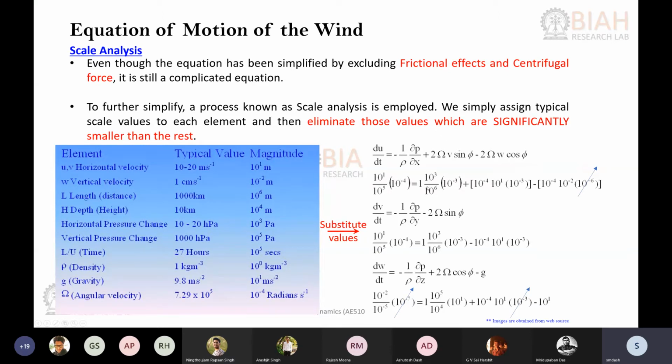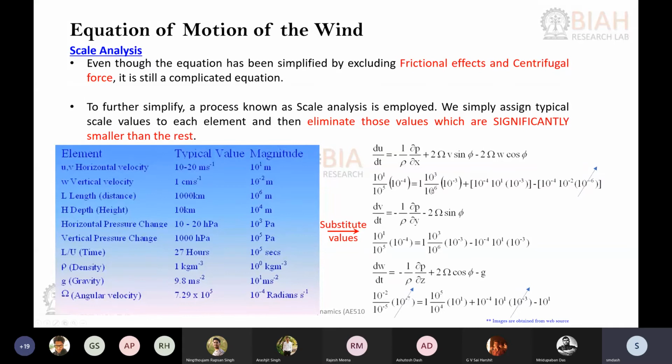Similarly, del p by del x: the pressure along the horizontal direction is 10 raised to 3, and x is your length scale, which can be 10 to the power 6. So this simplifies to 10 to the minus 3. In the same way you can follow the other terms. You will see that a few terms will be significantly larger and a few terms will be significantly smaller compared to the other terms.